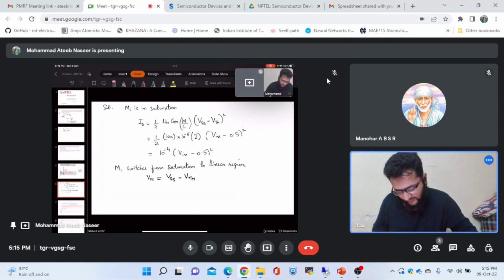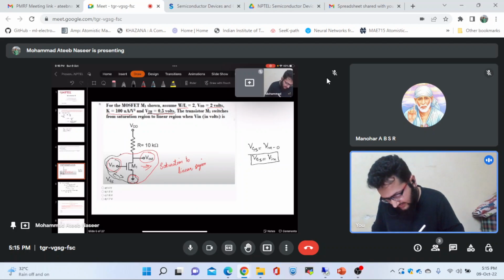So if I now see what this VDS is, let us use some different color. This is the VDS, and this VDS is simply equal to Vout minus 0. So we have VDS equal to Vout.